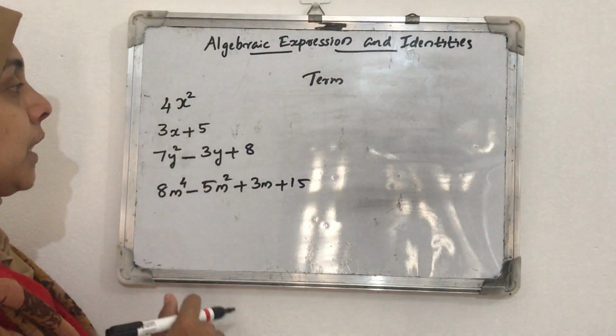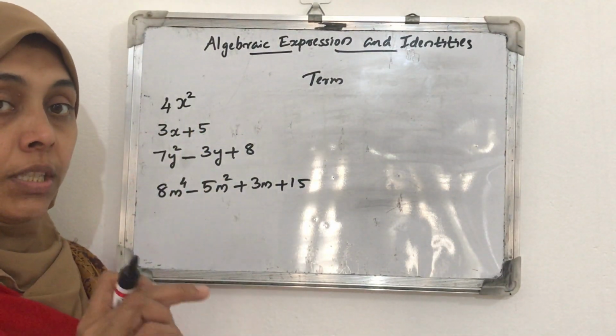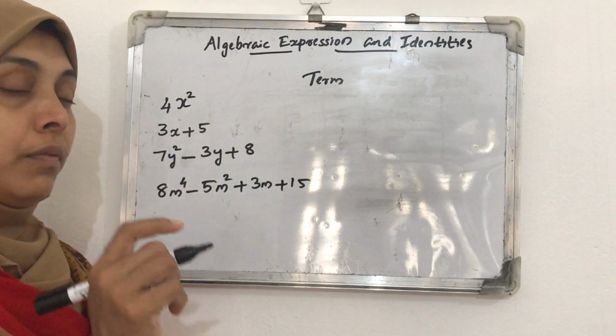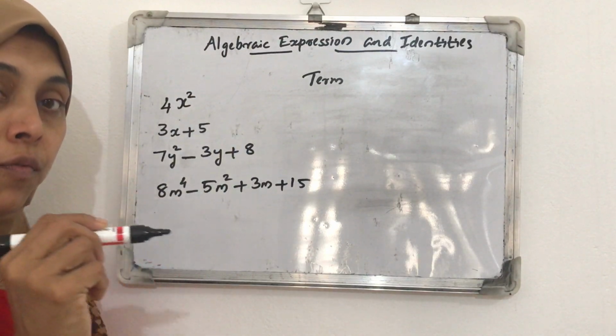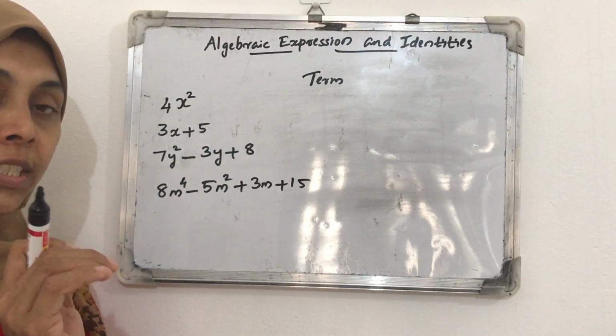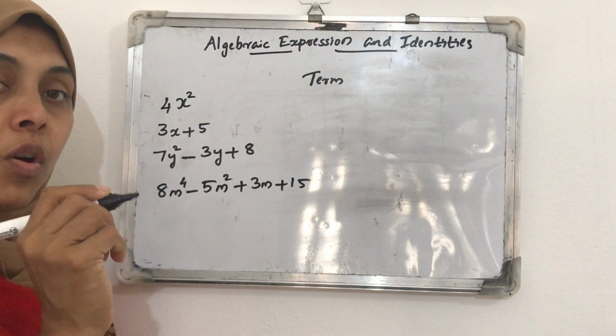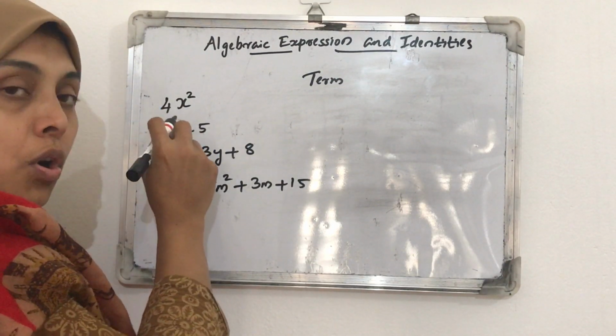Now when we consider the first example 4x square, there have only one term and also there contain 4x square. Here 4 is a constant and also 4 is the numerical coefficient. That also we know it is a coefficient.